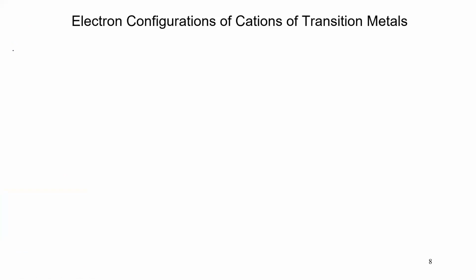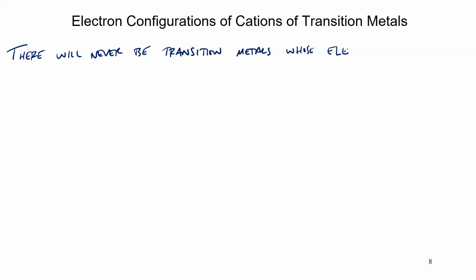So these 2 rules are that there will never be transition metals whose electron configuration ends with d4 or d9.